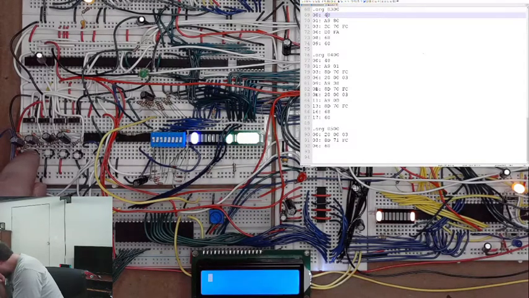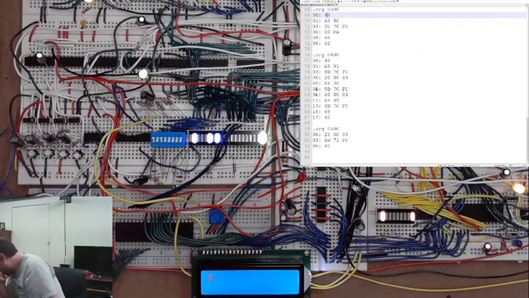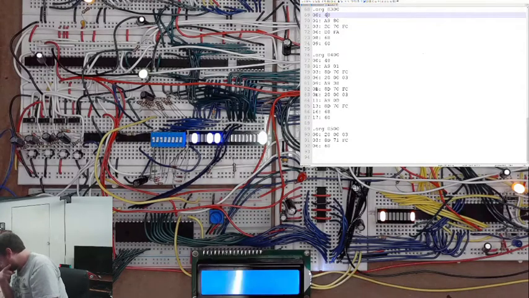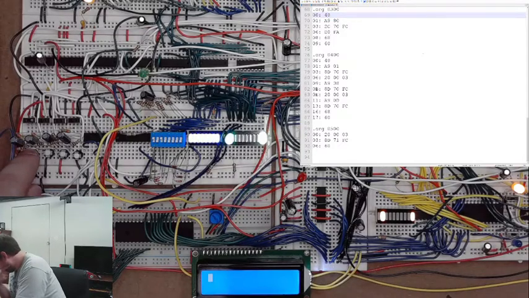So here's once. Hmm. I feel like it just reset.